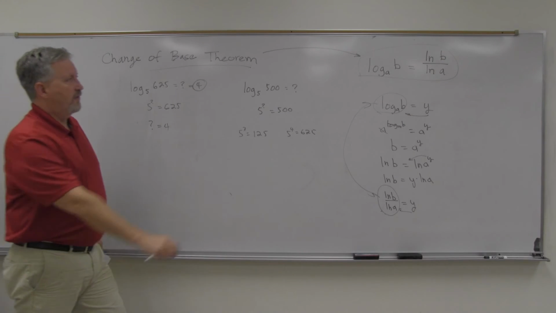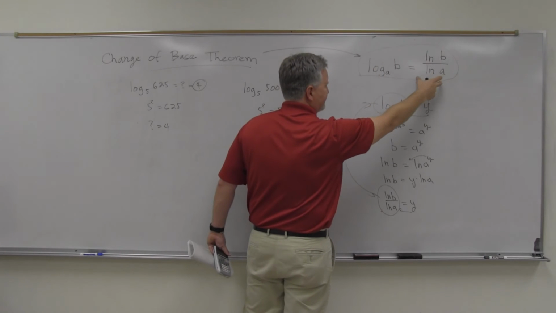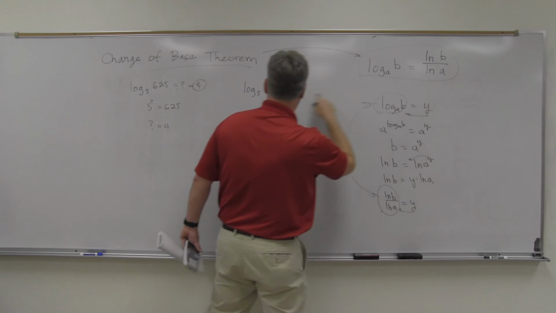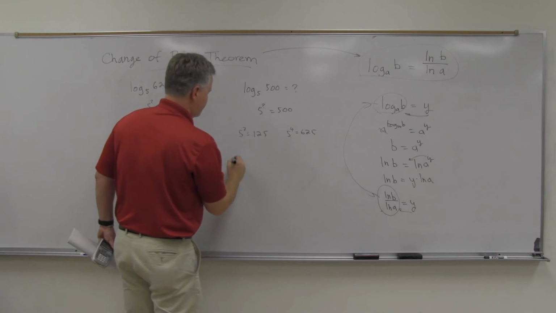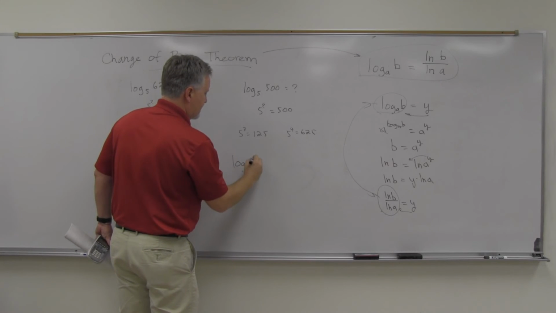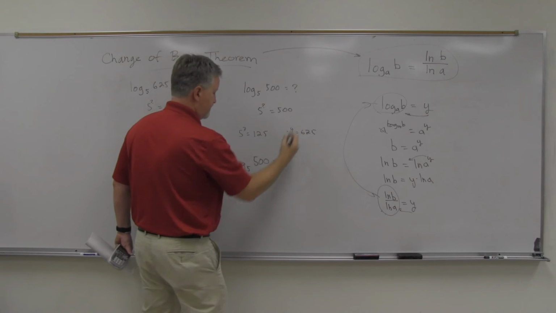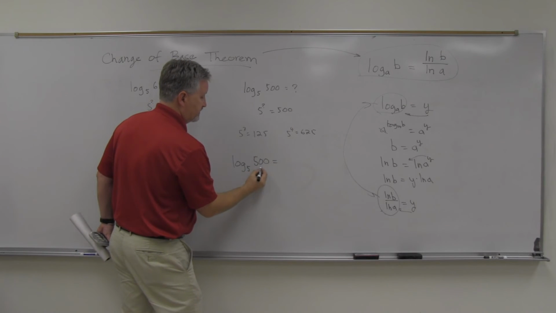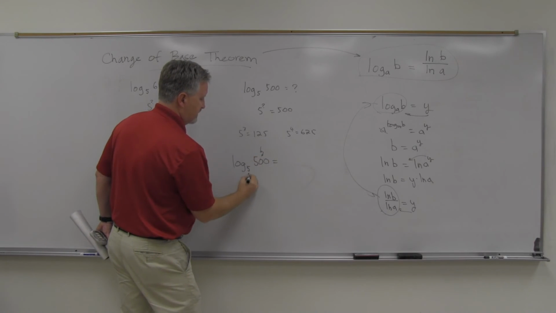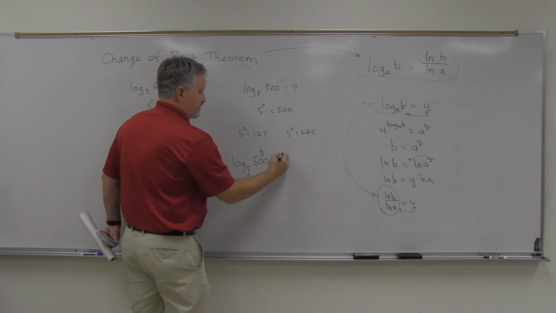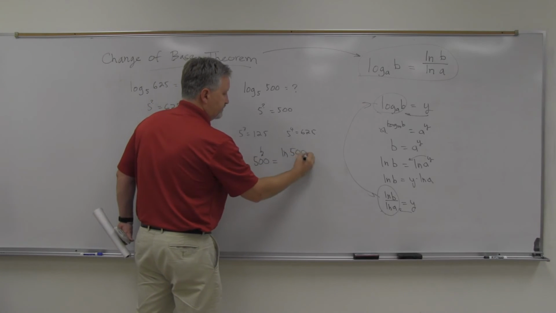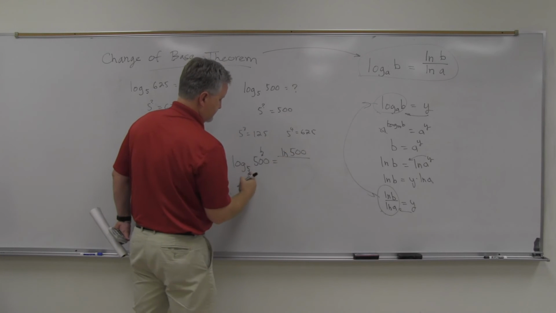But really what we're interested in is applying it. So back to this one: what is the log base 5 of 500? By the change-of-base theorem, take the ln of B, which is 500, divided by the ln of A, which is 5.